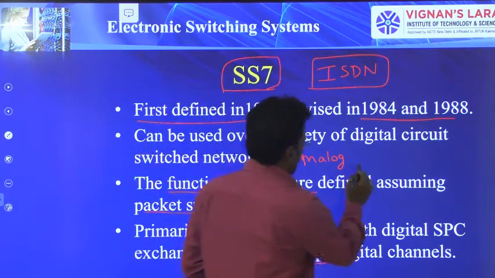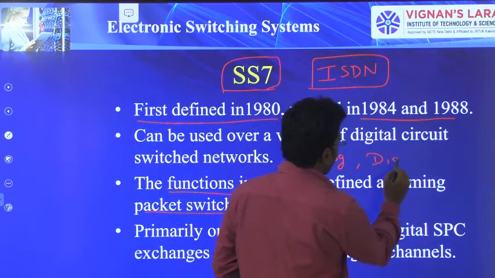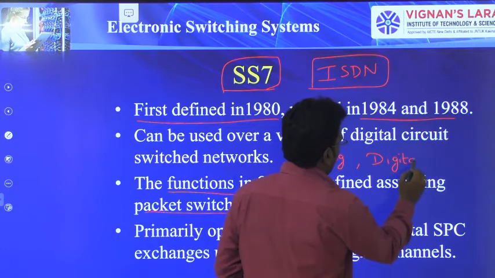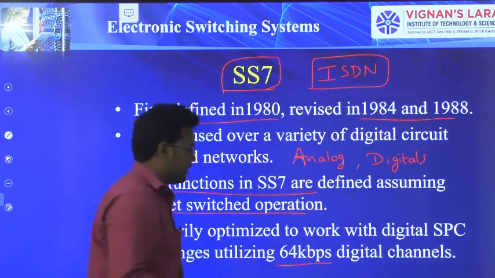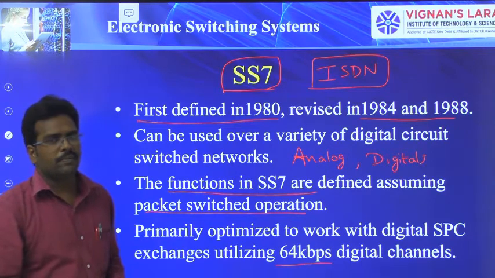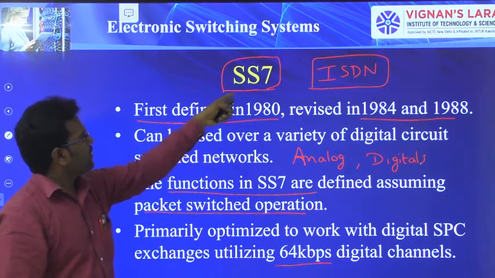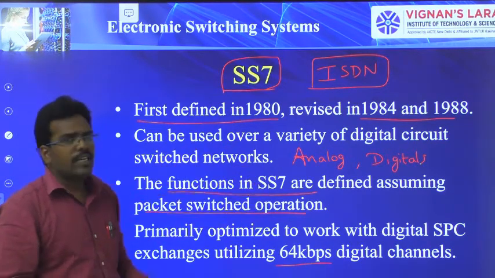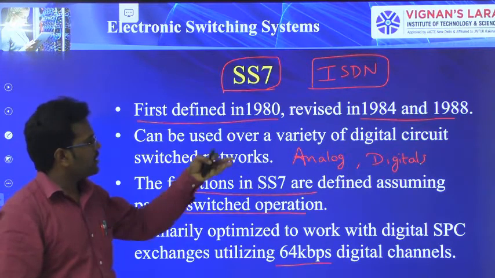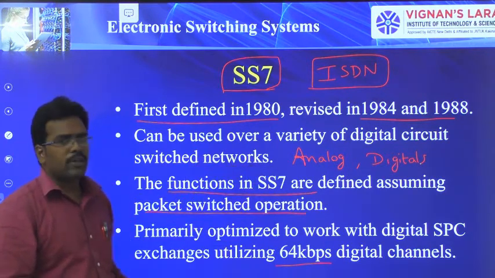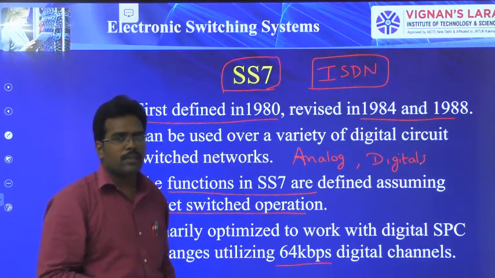Whereas if you use digital links, it is fully utilizing the whole 64 kbps digital channel. Therefore, this SS7 will support both analog links and digital links, but if you utilize digital links, then it is going to utilize the maximum bit rates.